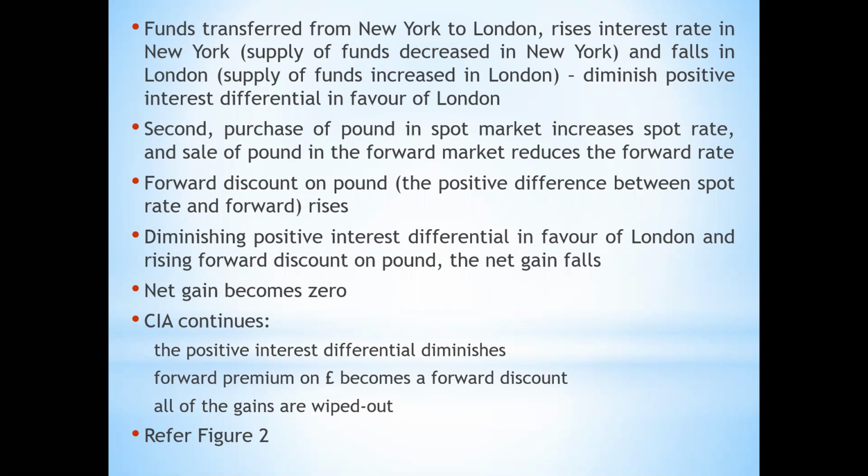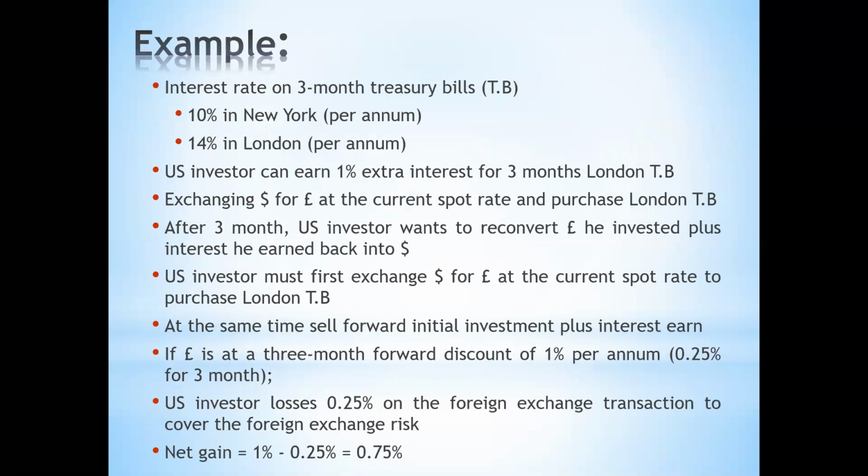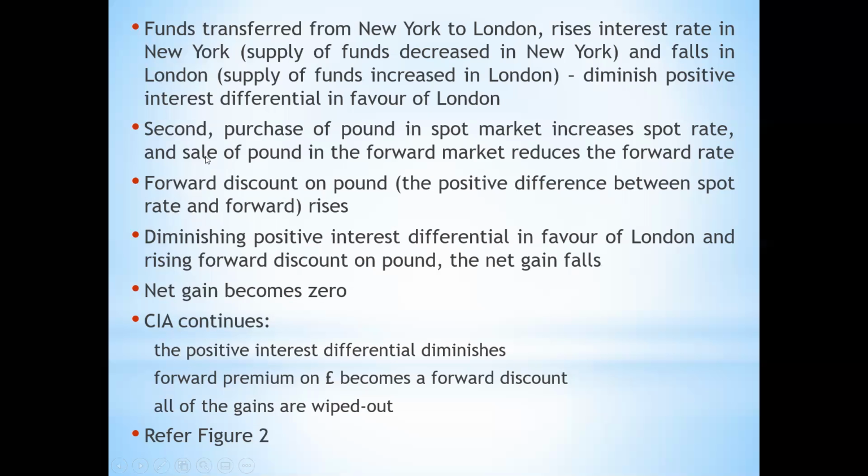Now I am telling the scenario of this interest arbitrage, right? Actually, the London market interest rate is high compared to the New York market. What an investor can do is borrow funds from the New York market and invest them in the London market. If this process continues, what happens in the New York market? People have more demand for borrowing in the New York market. Why? Because the interest rate is low.